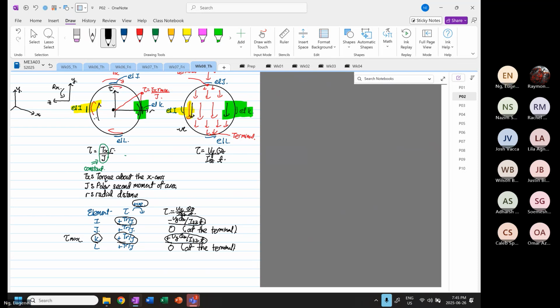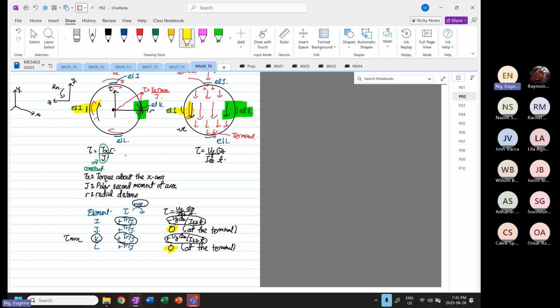J and L will not fail at all. Or rather, failure will not start from there, because the shear stress due to shear flow is equal to 0 at both.